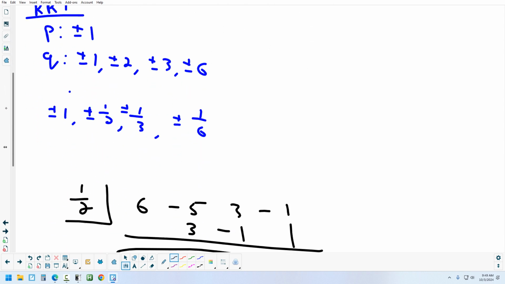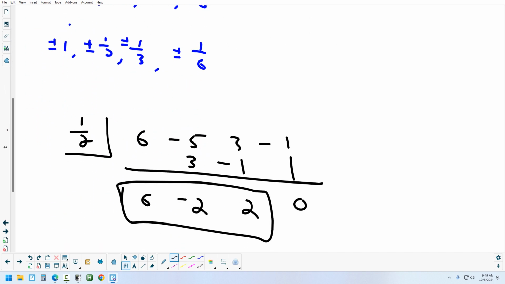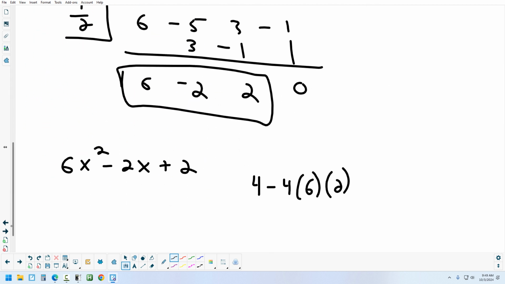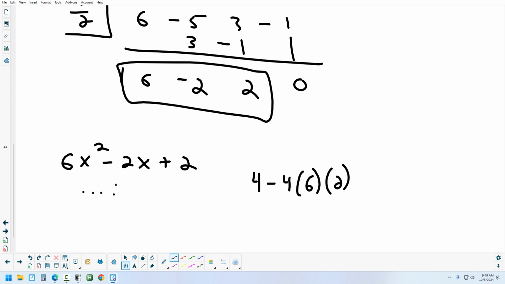So the only rational 0 is what? 1/2. Yep. There are 2 imaginaries, but we are not finding them. It's imaginary.